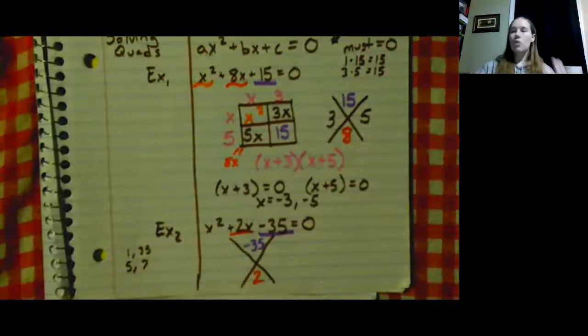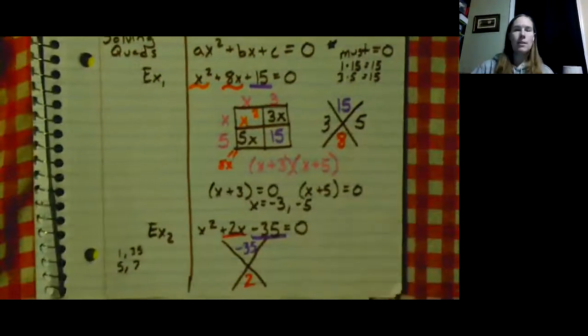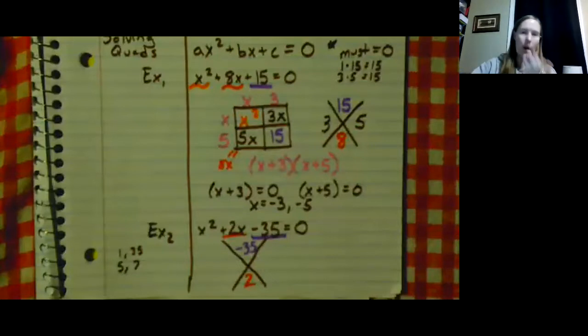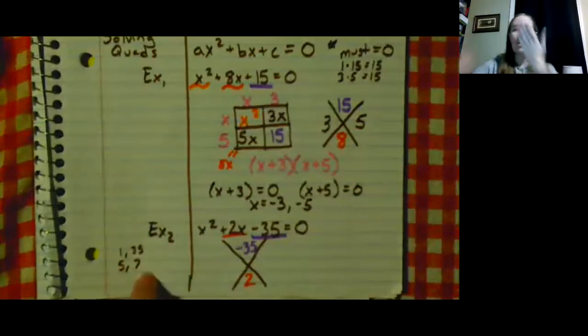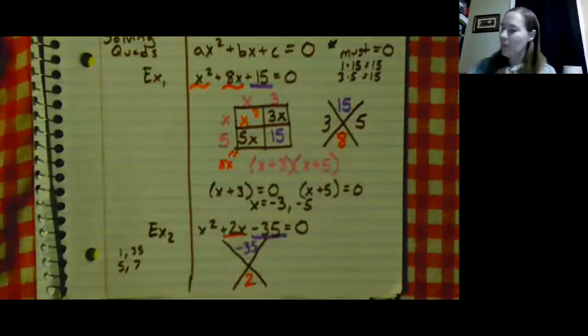And if you're having trouble finding the factors in your head, like I just did, literally just take 35 and start dividing by numbers in order, like divide it by 2, divide it by 3, divide it by 4, and see whenever you get a whole number, say you divided it by 5, your answer would be 7, you know those are factors. So we have these two choices, but if we add 5 and 7 and 1 and 35, we don't get 2.